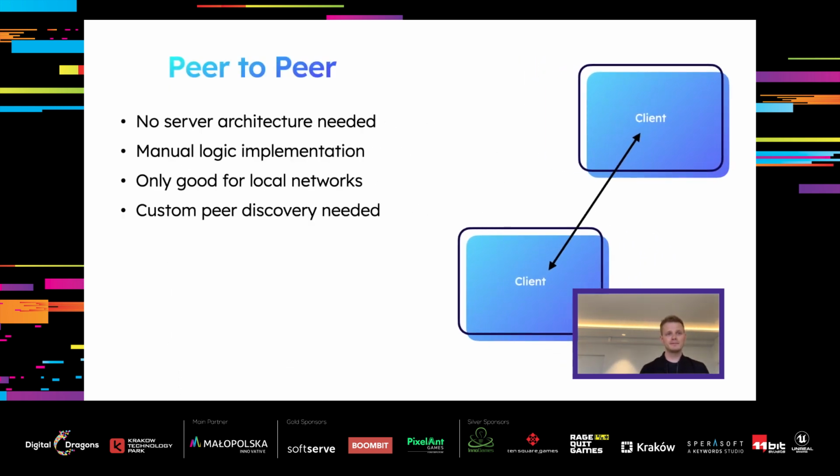So in peer-to-peer, the simplest possible implementation, there is no server needed, so no server architecture. You don't have to deploy anything. You basically have to manually discover players on the local network, and then you're free to send whatever you want between them.